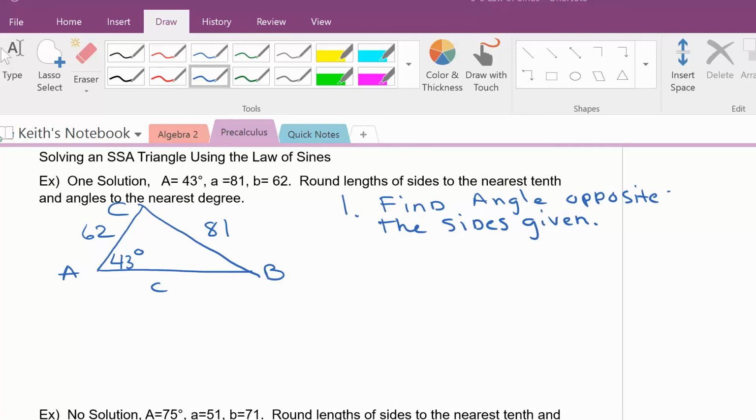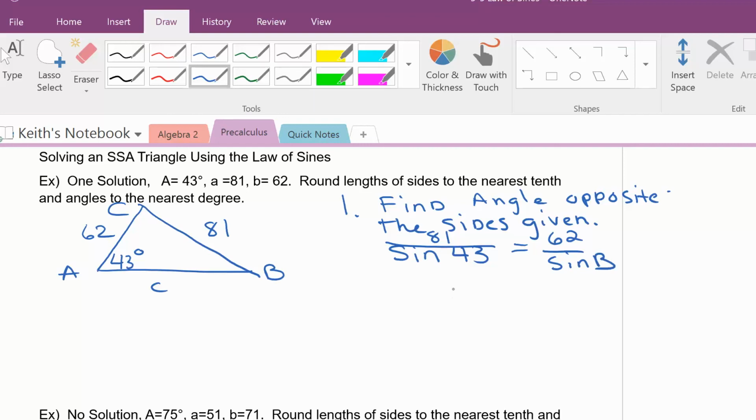So we're going to go sine 43, 81 over sine 43 equals 62 over sine B.